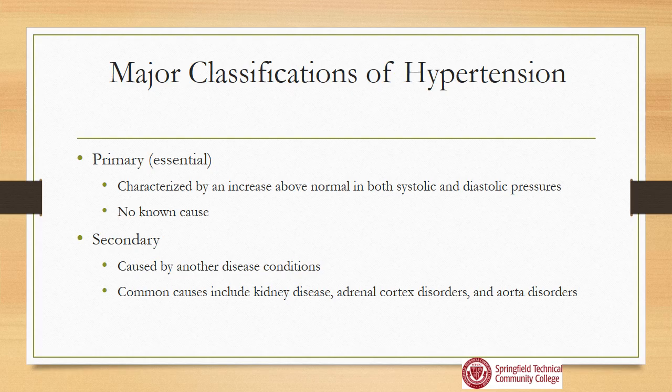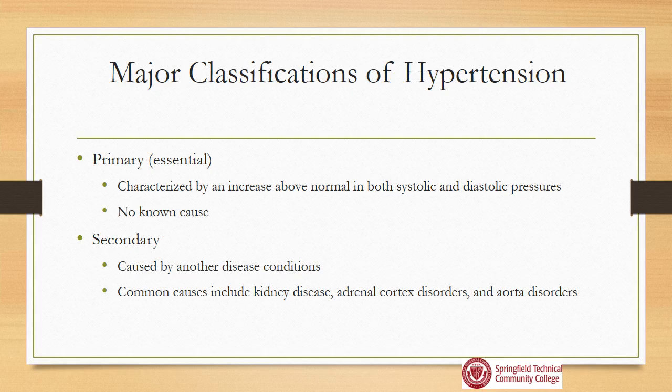So hypertension is another fancy way of saying high blood pressure. Primary and secondary are the two major classifications of hypertension. You will have a whole lecture on hypertension this semester. Just understand that there is primary hypertension, essential hypertension is really the most common cause of hypertension, and it's just unknown why some people have an increase in their blood pressure.